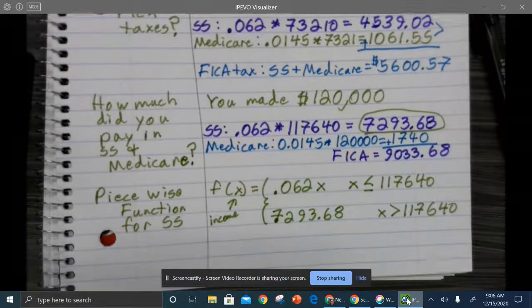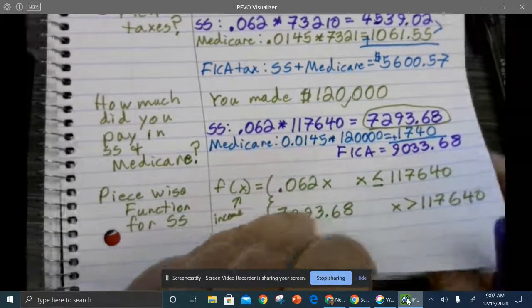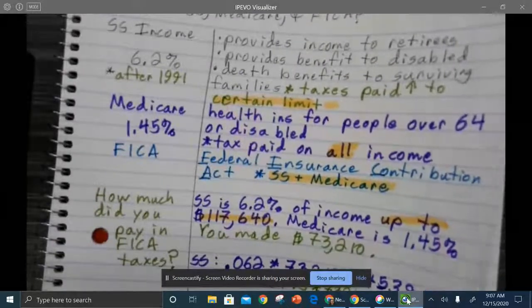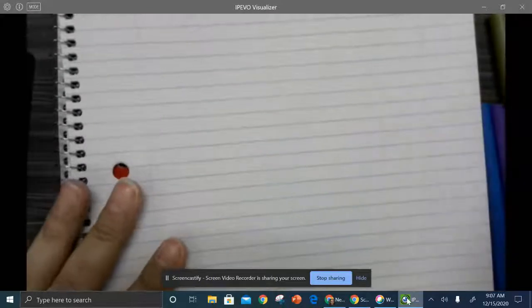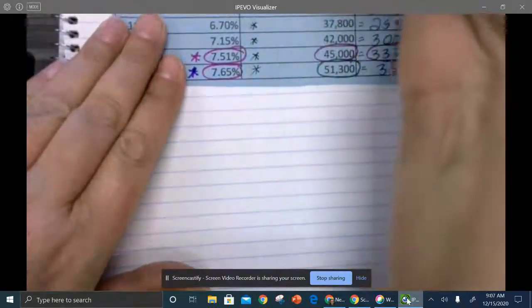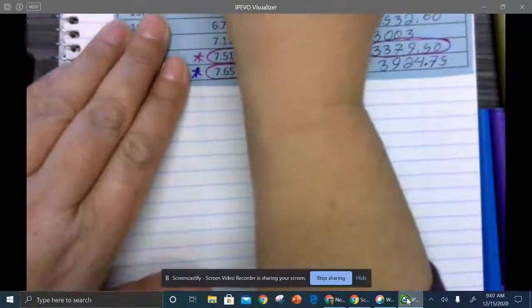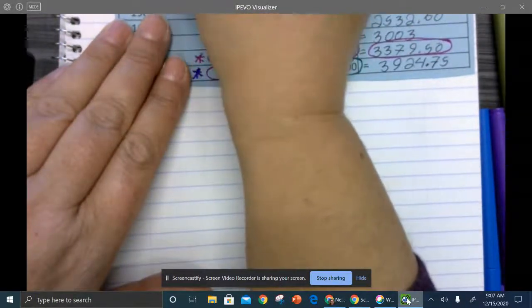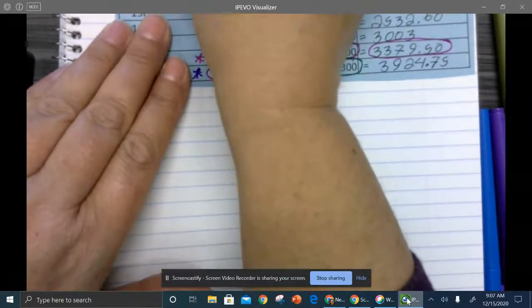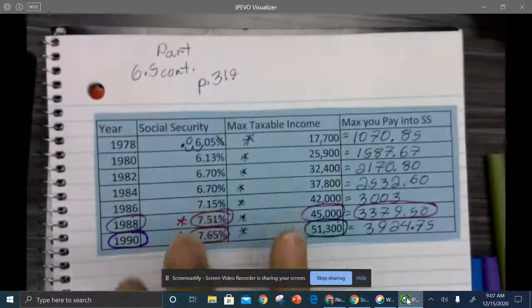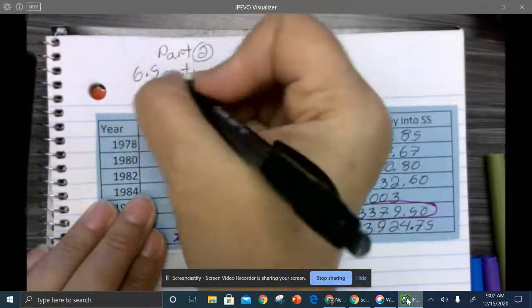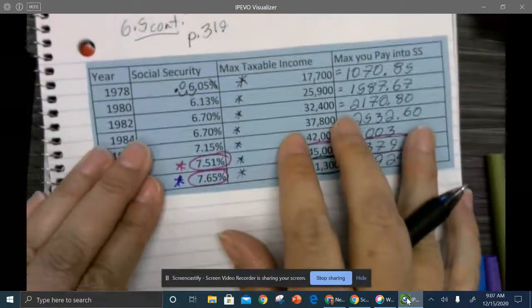Okay, everybody, so on to part 2 for this. Okay, so this is on page 139 in our book, and this is section 6.5 continued. This is part 2. Okay, so we're going to use this table, everybody.